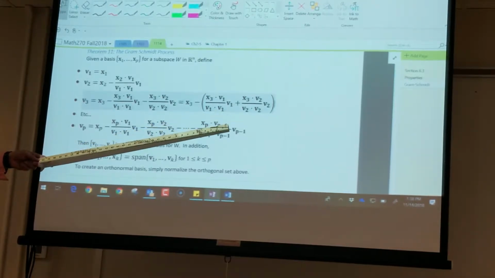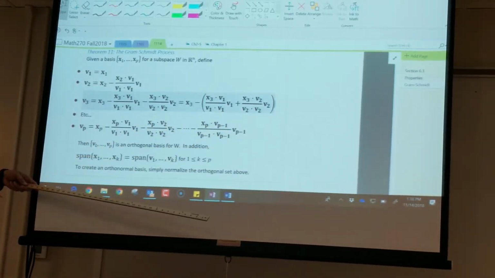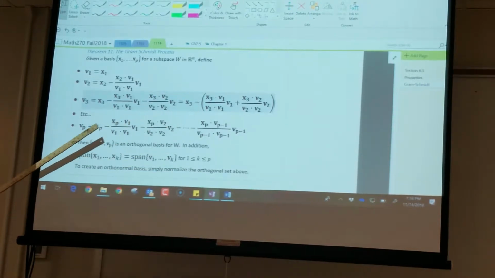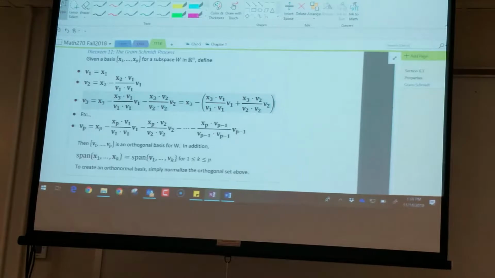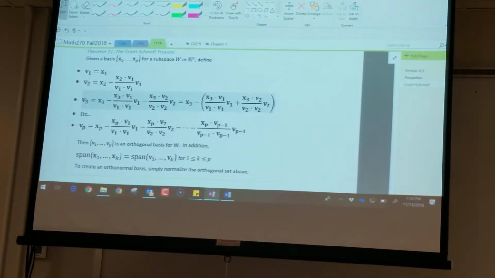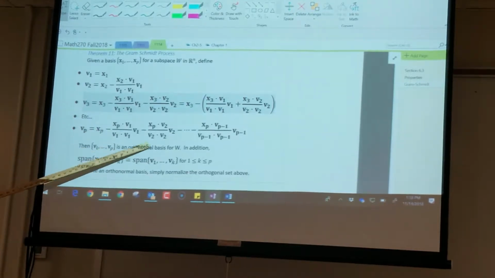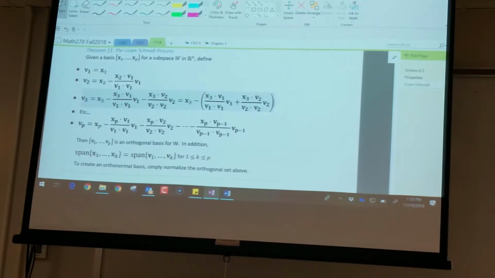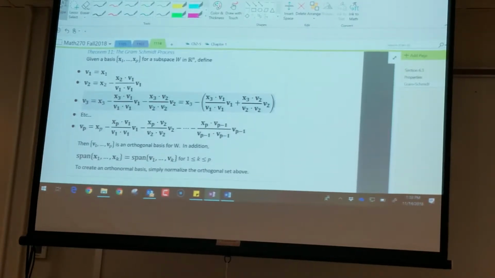Okay? So now, if we want to go one more dimension, let's say we all lived in R4, we have an R3 subspace, a subspace that's three-dimensional, and then we have a fourth vector that we want to project onto our space, then we just continue on the process.